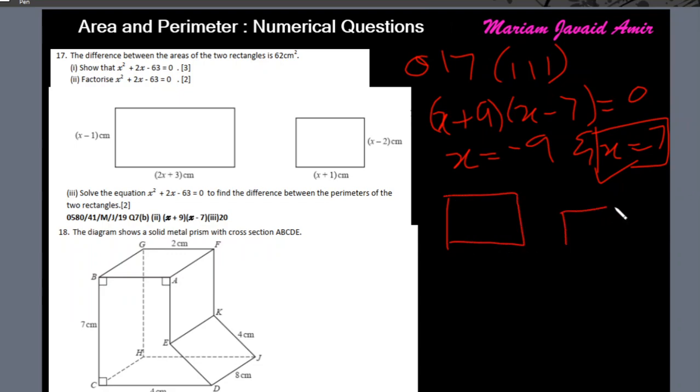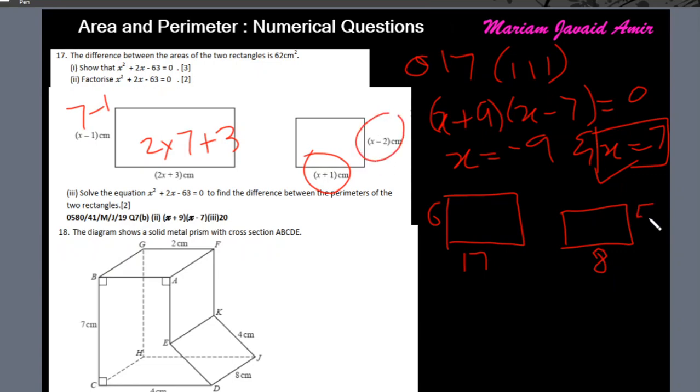So before that, I need all the lengths. This length is 7 minus 1, which is 6. This length is 2 times 7 plus 3, so 14, 15, 16, 17. We get 17 here. Then this length is 7 plus 1, which makes 8. Then this is 7 minus 2, which makes 5.